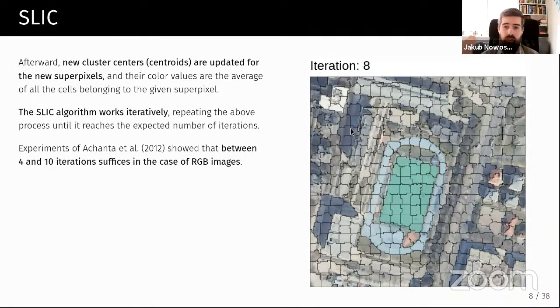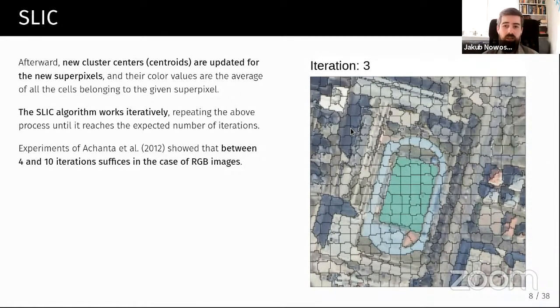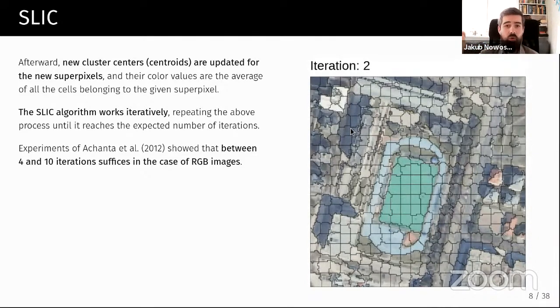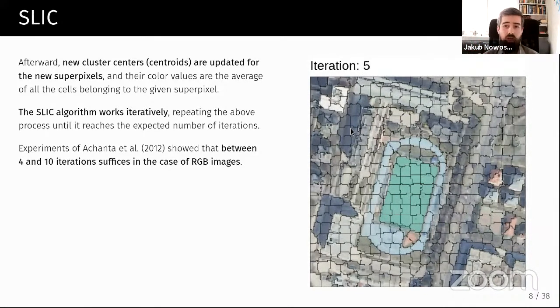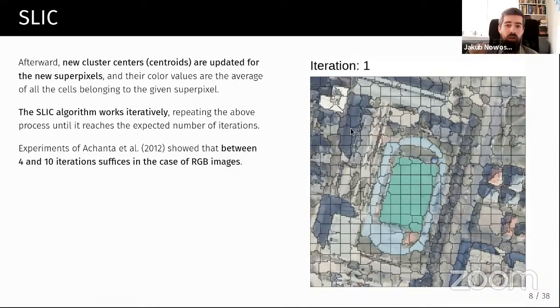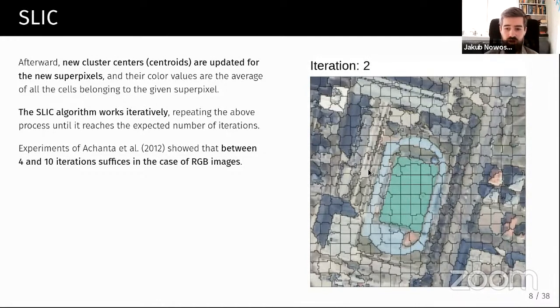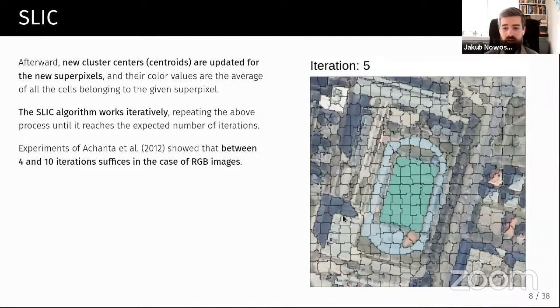In other words, when the total distance, the spatial distance and the value distance, is the lowest, then we assign the cluster value. And with each iteration, our center can slightly move because our area is not square anymore. And as you can see in this animation, the borders of superpixels can slightly change with each iteration, adjusting to different values in terms of space and colors.